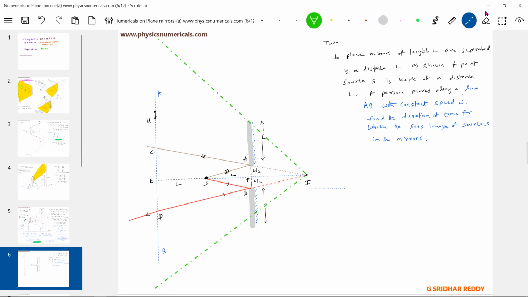I'll change the size of the mirror a little bit. For our understanding purpose, we have made it. Now this is the discussion which we are supposed to continue.